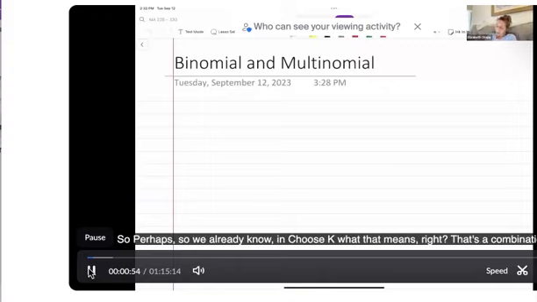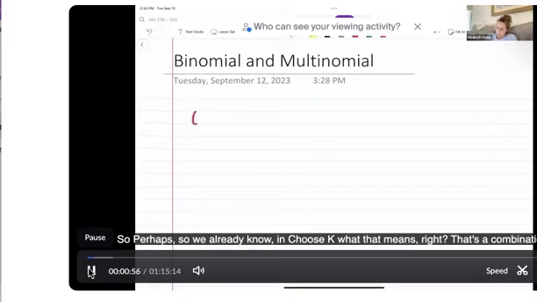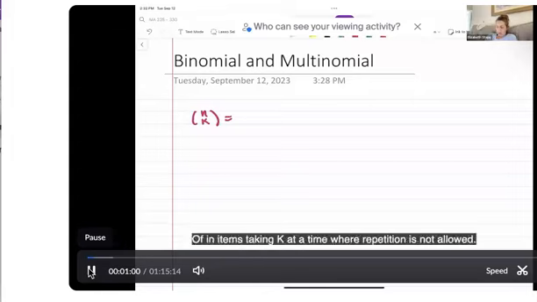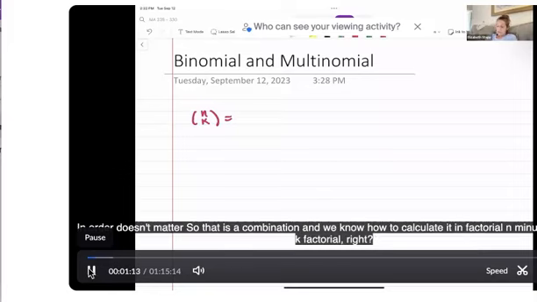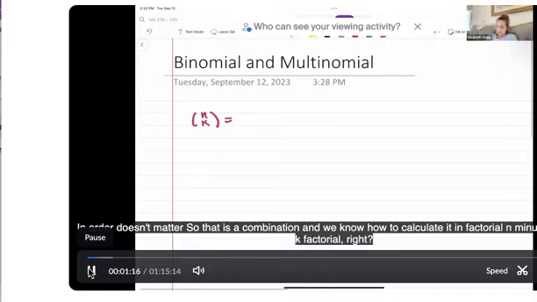So we already know n choose k, what that means, right? That's a combination of n items taken k at a time, where repetition is not allowed and order doesn't matter. We know how to calculate it.